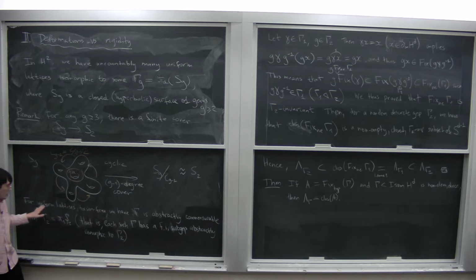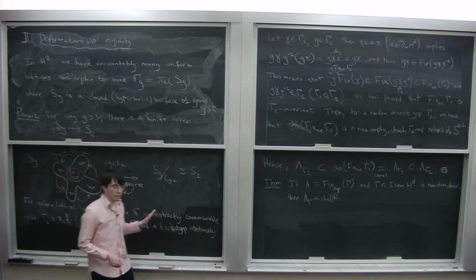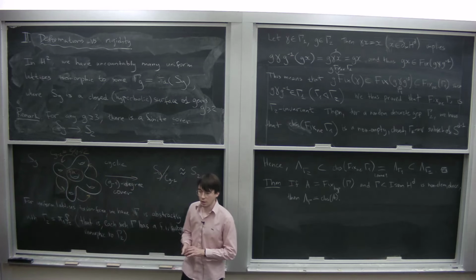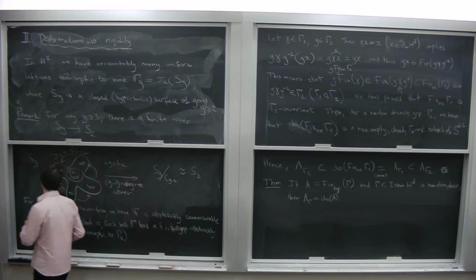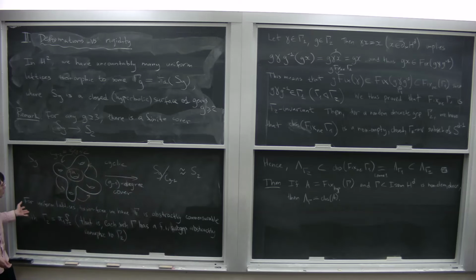So again, we have infinitely many commensurability classes in the sense of generic commensurability classes, but we have only one commensurability class for the uniform case.